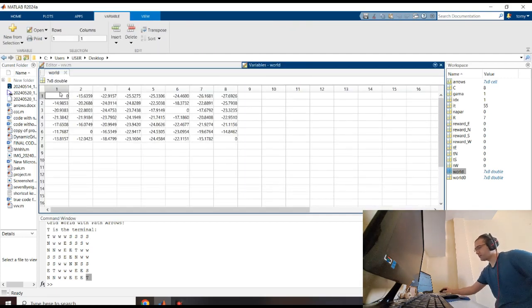How is it west? Column 1 minus 1 is equal to 0. Should be north, I think. Column 1, 2, 3, 4, 5, 6, 7, 8. Row 1, 2, 3.